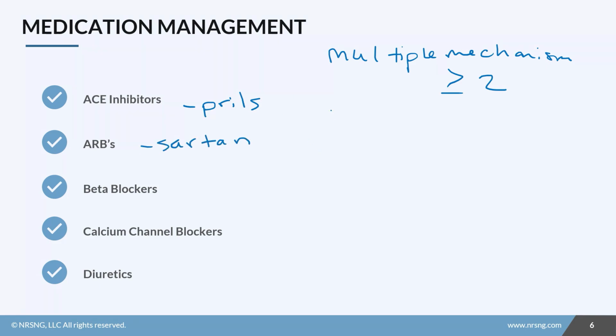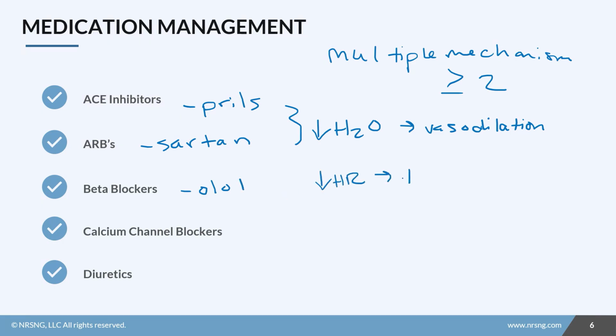Both of these are going to prevent water retention and lead to vasodilation, so we can block that RAAS and allow the blood pressure to decrease. We've got beta blockers, our ololes like metoprolol. Those are going to slow down the heart rate and contractility so that we can ultimately decrease the blood pressure.